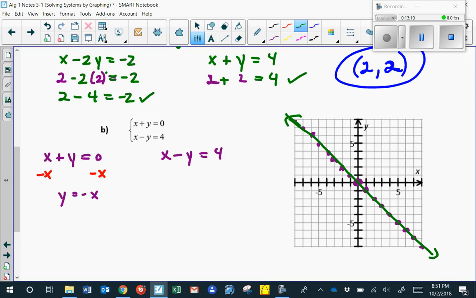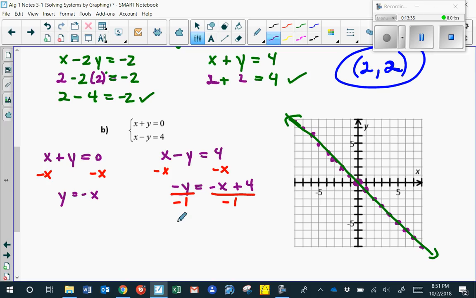Our second equation is x minus y is equal to 4. I'll subtract x from both sides of that equation, giving us negative y is equal to negative x plus 4. We can then multiply or divide both sides of the equation by negative 1.